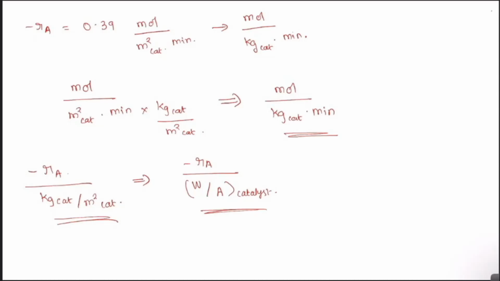So to find weight per area of the catalyst, we need two things, which is obviously the weight of catalyst used and the surface area of the catalyst used.